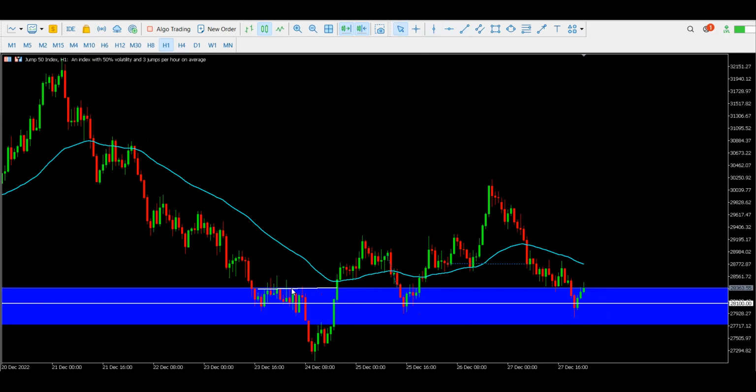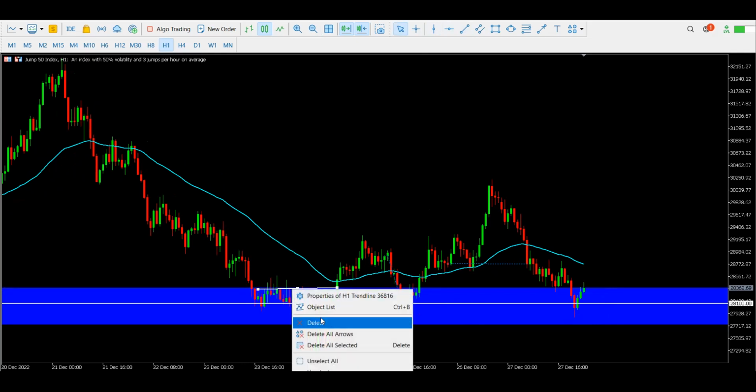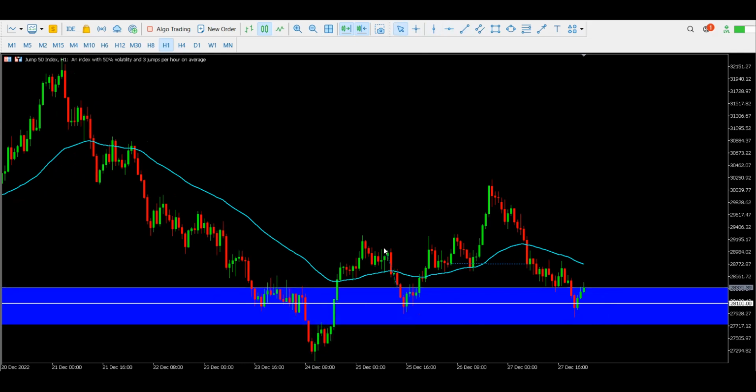So safe to say the hourly time frame is bullish. So here guys, we have the weekly time frame bullish, the daily time frame bullish, the 4-hourly time frame also bullish, and then we're seeing the 1-hourly time frame bullish also.